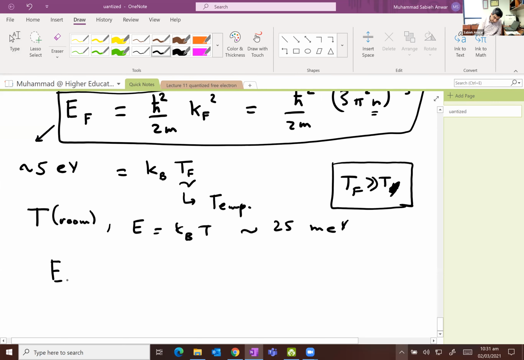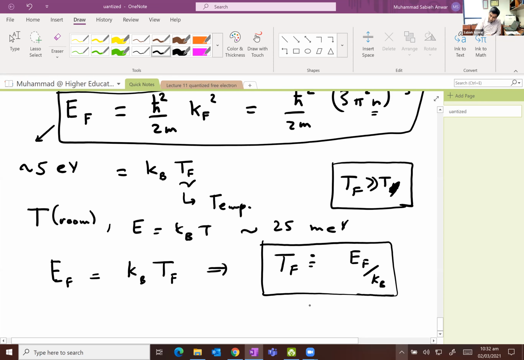Look, you have a Fermi energy. Any energy can be written dimensionally as Boltzmann constant times some temperature. So our definition of the Fermi temperature is the Fermi energy divided by kB. This is our definition here.